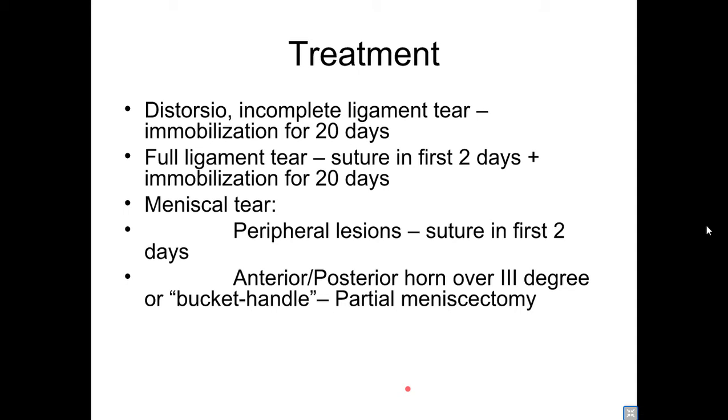Some could be treated by arthroscopic removal of torn parts. That's why this decision could be taken after MRI examination. Bucket handle should be excised. This could be done both in arthroscopic way or in open way.